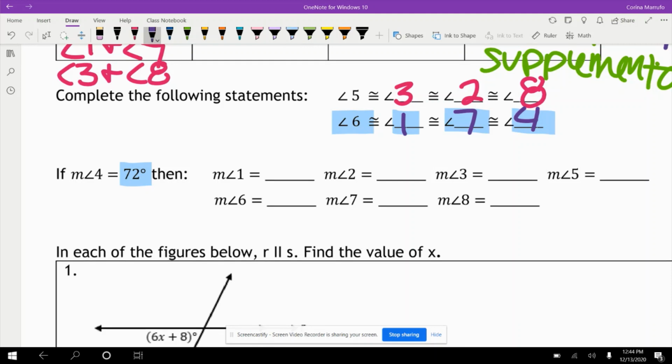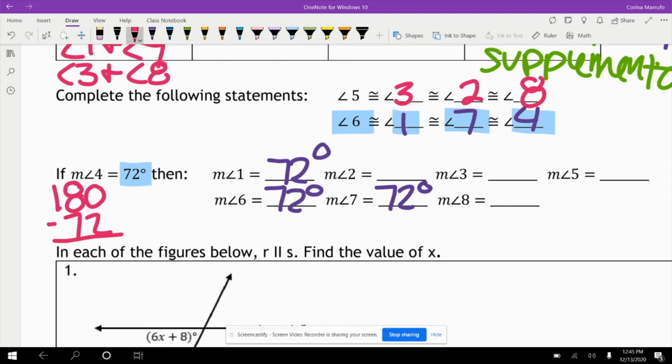So we're going to go ahead and put 1 is 72 degrees, 7, 72 degrees, and 6, 72 degrees. And now remember, if they're not the same, then they're supplementary, meaning they add up to 180. So to find the other angle, we're going to do 180 minus 72, and that gives us 108. So that means all the other angles are 108 degrees.